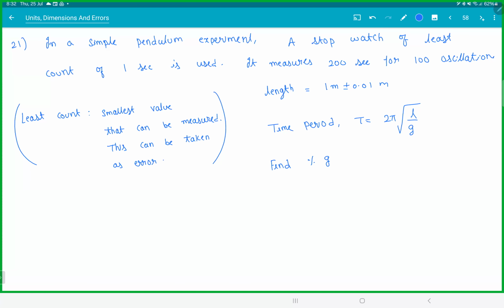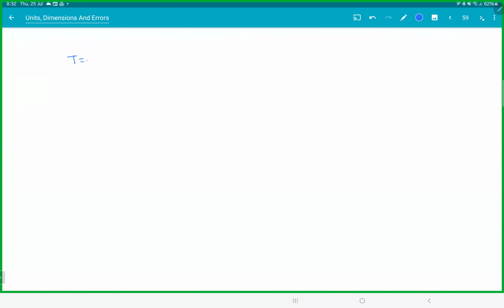Now, one thing I'll tell you, whenever they ask you something like this, T is equal to 2 pi root over L by G, you get T square is 4 pi square L by G. Bring G to this side first of all. G is 4 pi square L by T square. So dg by G is equal to dL by L plus 2 times dt by T. That's a catch.